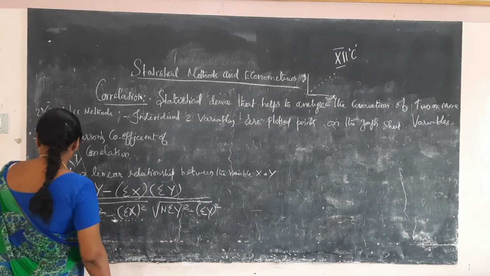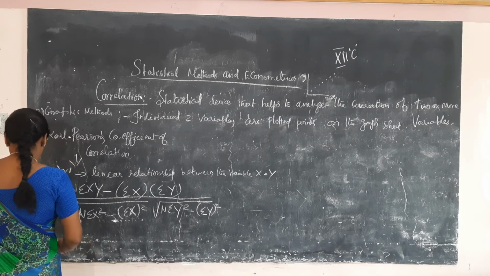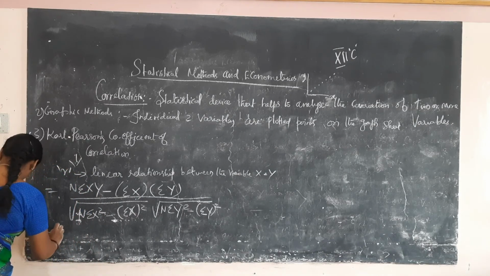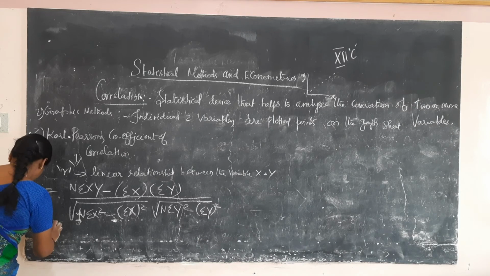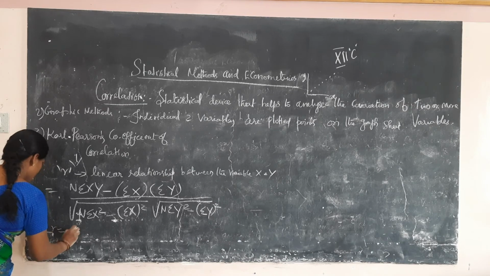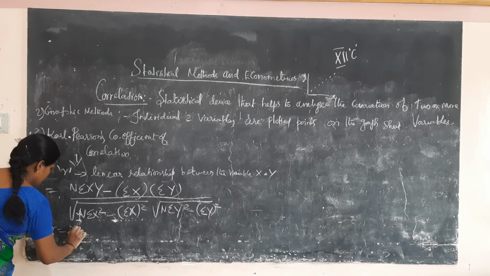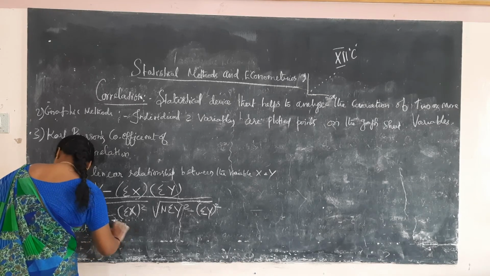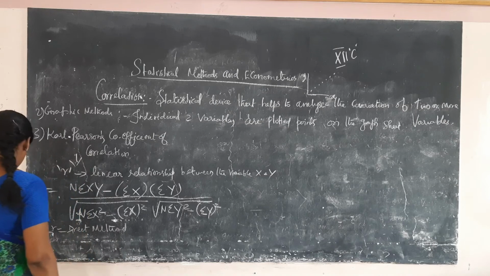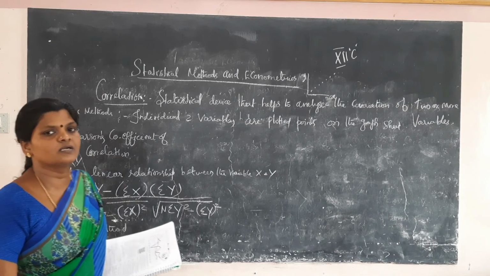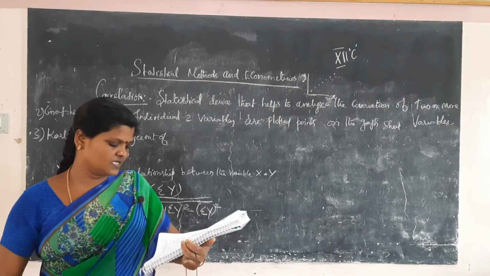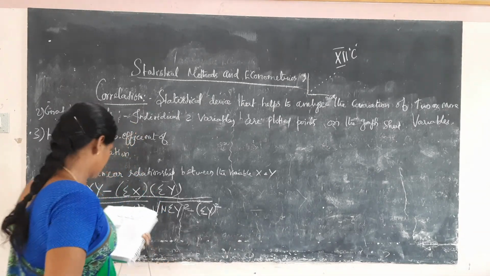R is calculated by the direct method, without taking any deviations from the mean, either actual mean or assumed mean.